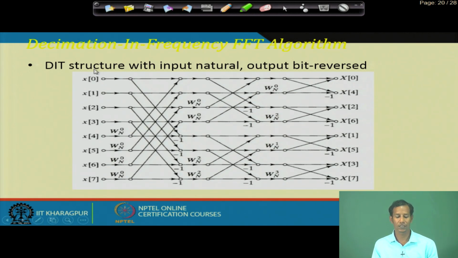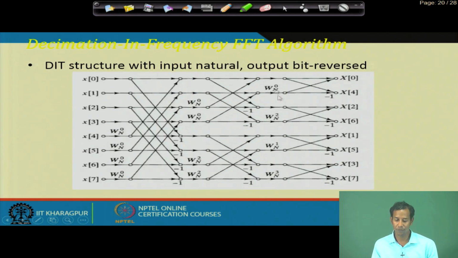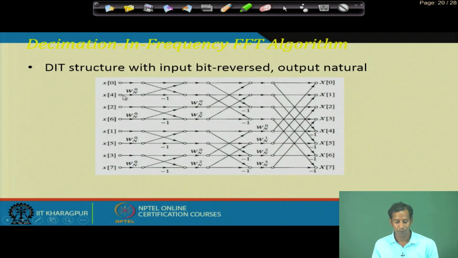This is in decimation in time, and in case of decimation in frequency, the input is in original sequence, but the outputs come in bit reverse manner. Here you see the difference is that initially we do the radix 2 butterfly, first x0 with x4, then x2 with x6, x1 with x5, x3 with x7.